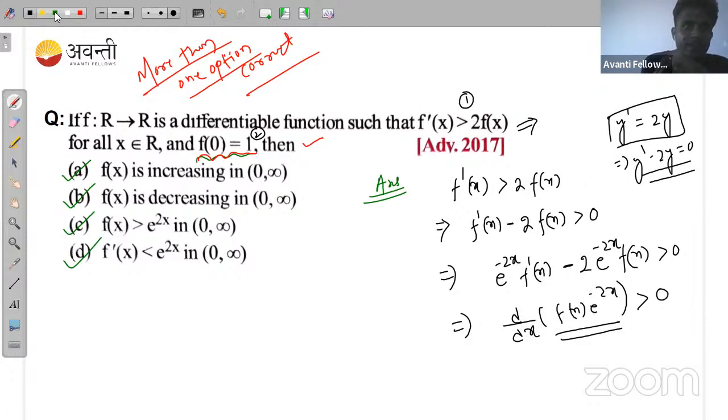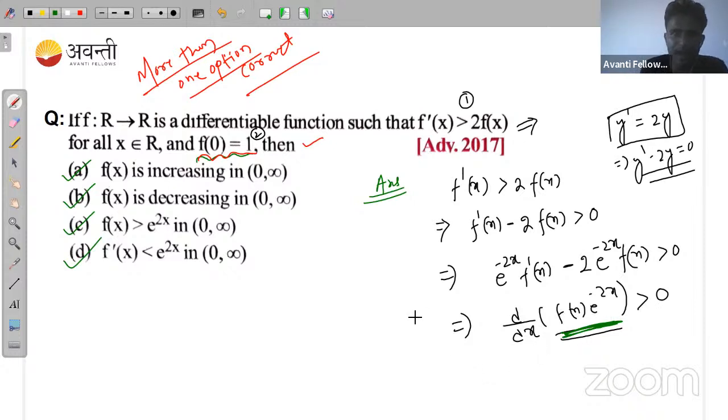If you check it here, this is the function, and its derivative is greater than 0. Think about the bigger function, total f of x into e to the power minus 2x. Its derivative is greater than 0.